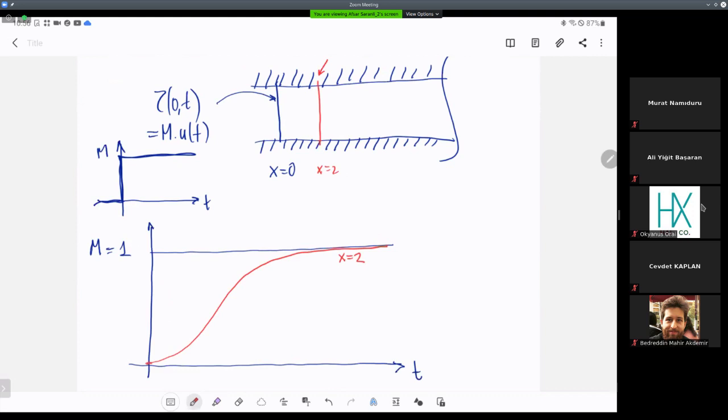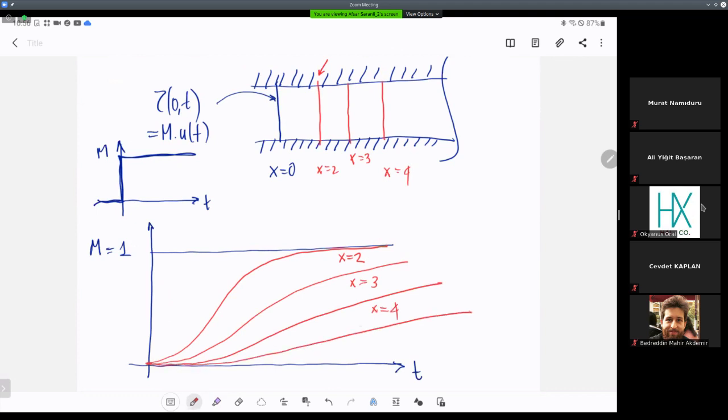Similarly, if you consider another distance, x equal to 3, you get a slower response. And as you go farther away, x equal to 4, you get yet another even slower response, and so on and so forth.